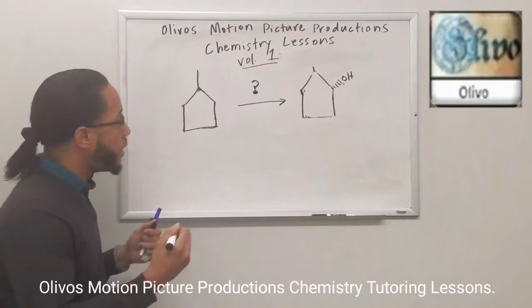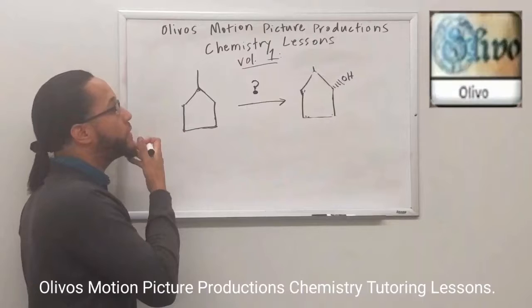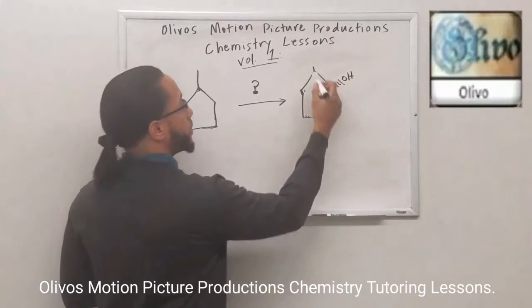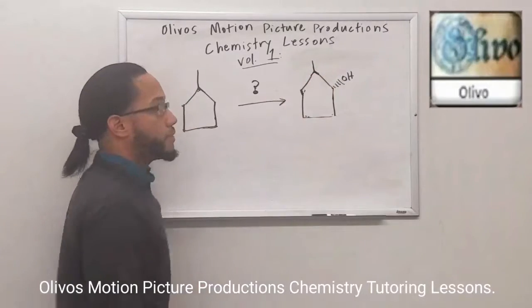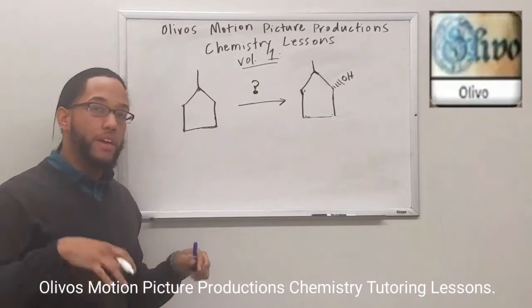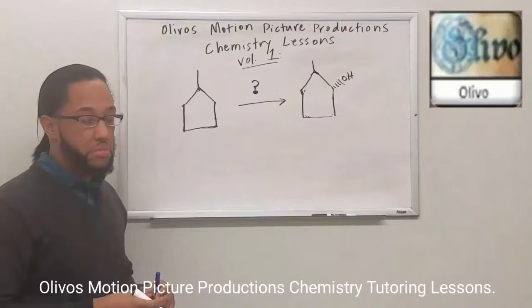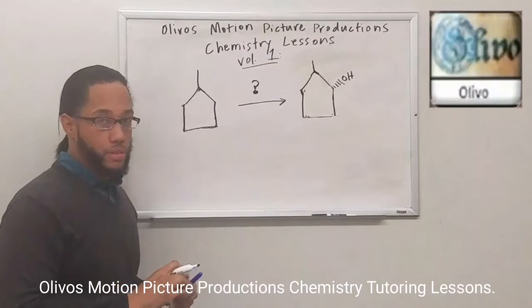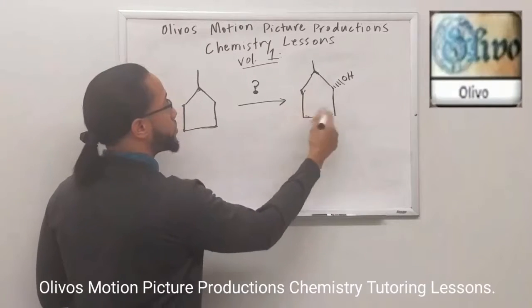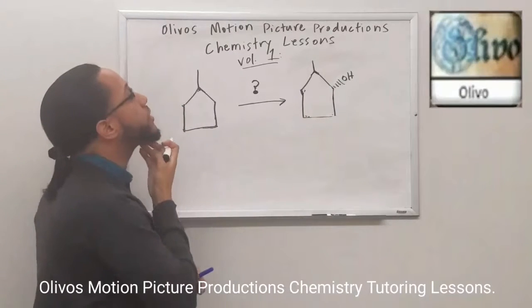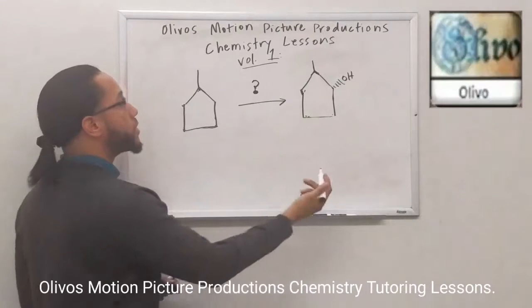Okay, so let's see. Now, in order to get to this product here, let me draw a little clearer so you can see it better. I want to try to do this fast, and hopefully it's informative, slightly informative at the least. What we see here is this product and this product. First thing I want to do is always count the carbons.